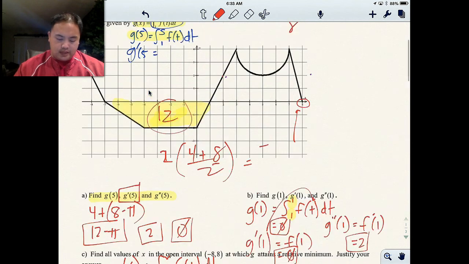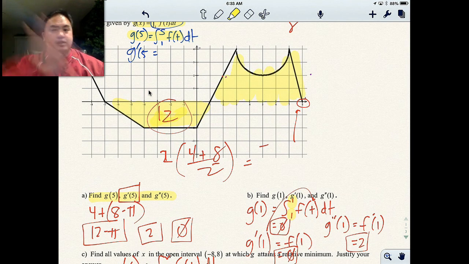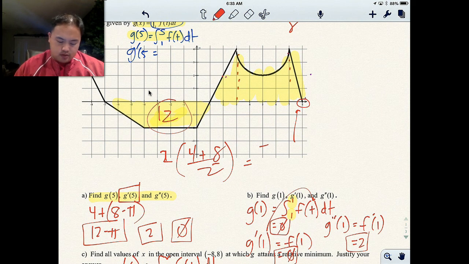And then if I do 8, do you remember 1 to 8 is this right here? It's going to be positive because I'm going in the right direction, left to right. From 1 to 8, I've got a triangle, and I have this rectangle right here minus a circle. This triangle, half base times height, I have a base of 2 and a height of 4.